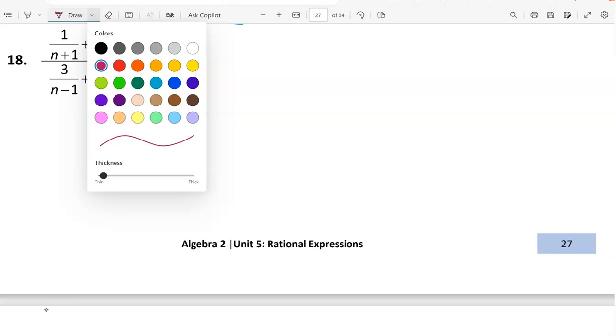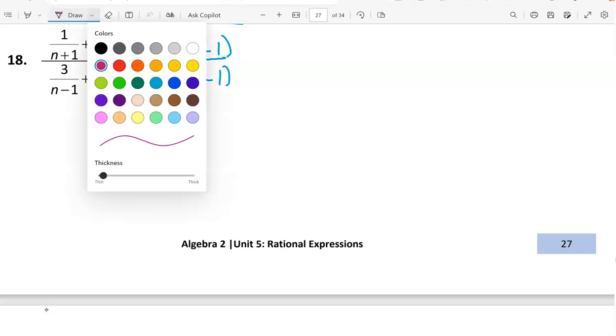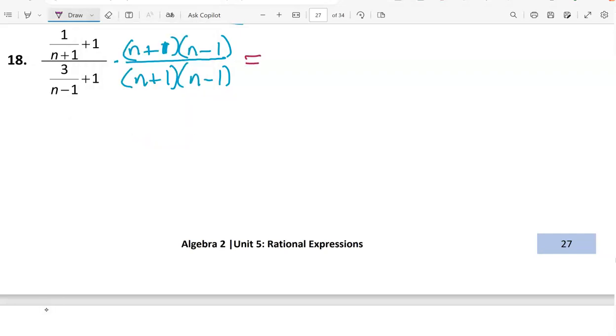In 18, I'm going to multiply the big fraction times the least common denominator of the little fractions over itself. So n plus 1 times n minus 1 over n plus 1 times n minus 1. So let's multiply those out.